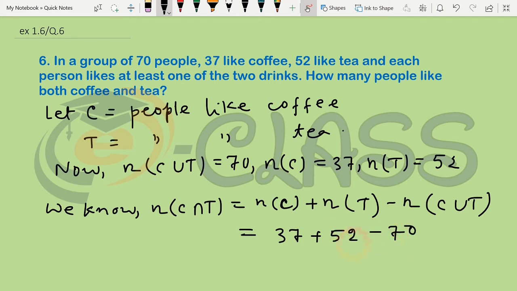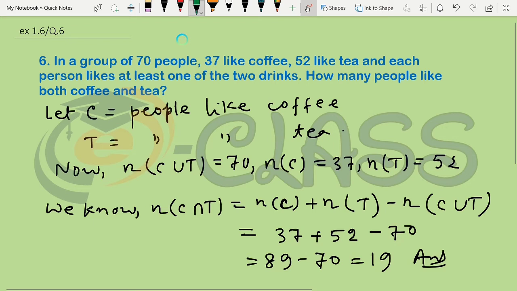So 89 minus 70 equals 19. So this is the answer. 19 people like both tea and coffee.